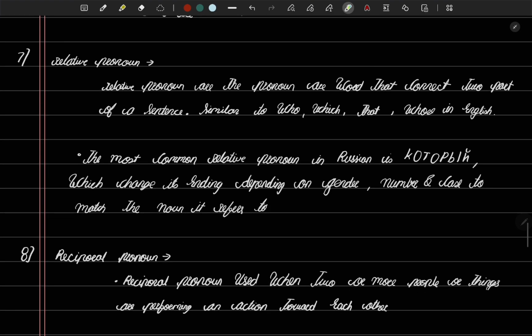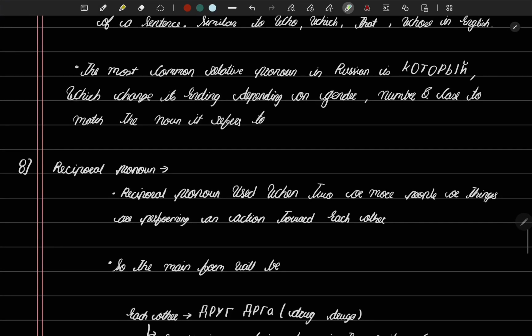The seventh one will be the relative pronoun. Relative pronouns connect two parts of a sentence, similar to who, which, that, whose in English. The most common relative pronoun in Russian is katoryj. And the eighth one will be the reciprocal pronoun, used when two or more people or things are performing an action towards each other.